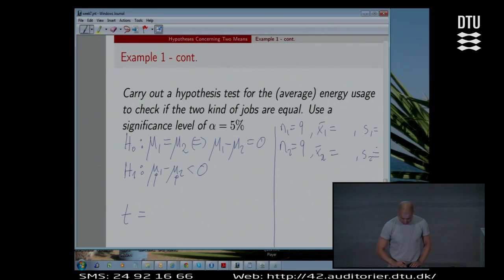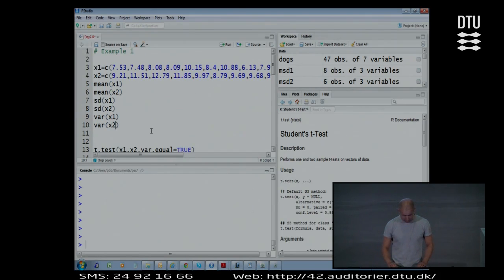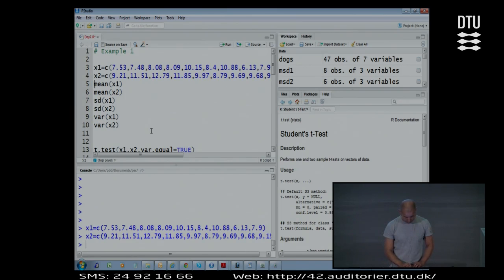I'll do those in R. I prepared the secretaries and the nurses, right? Just for me to remember which is number 1 and which is number 2, secretaries and nurses, yes.